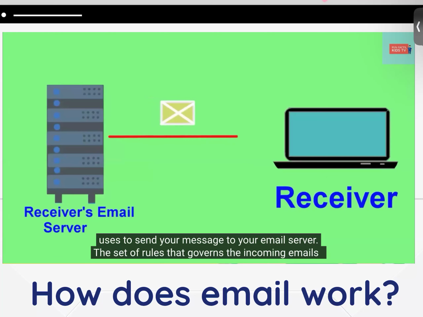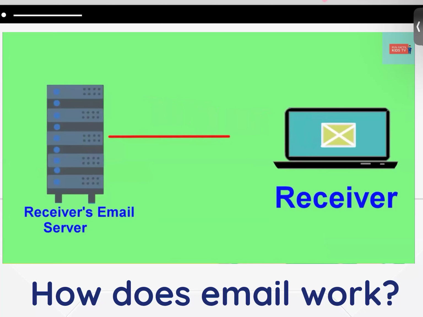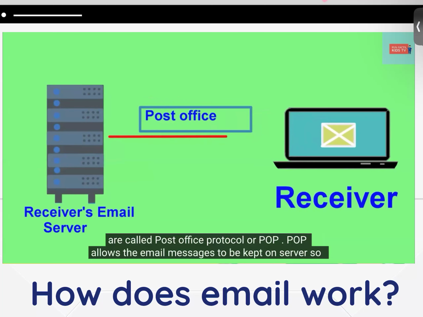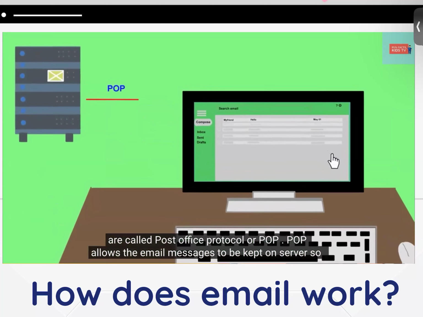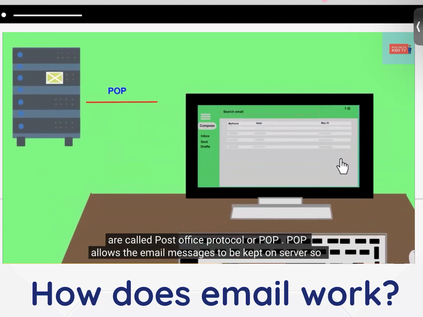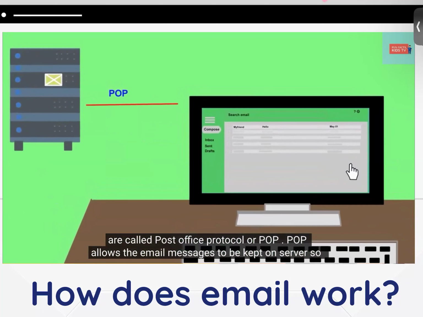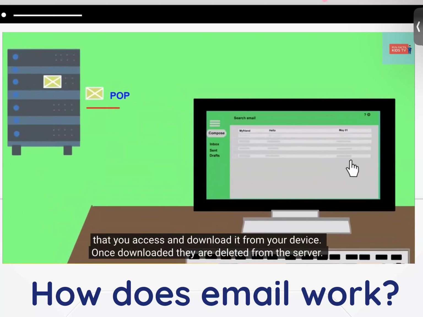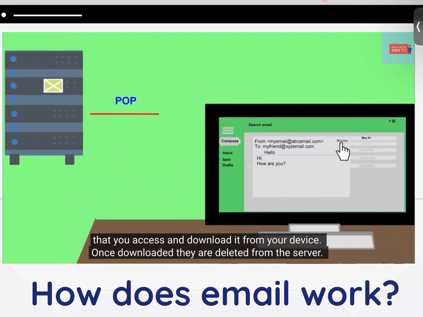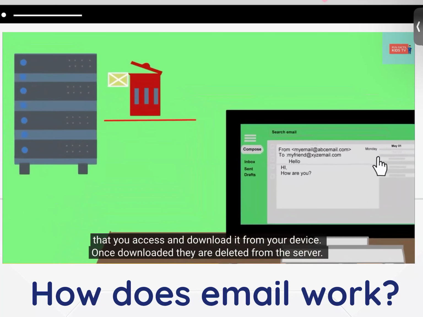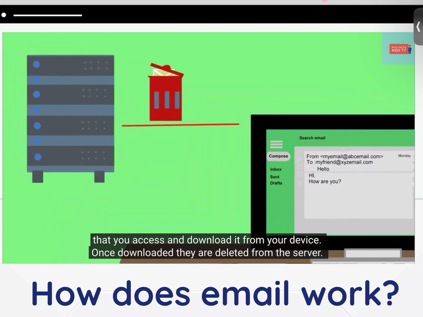The set of rules that governs the incoming emails are called Post Office Protocol or POP. POP allows the email messages to be kept on server so that you access and download it from your device. Once downloaded, they are deleted from the server.